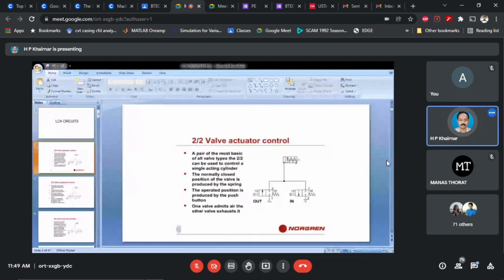So that position occurs when you are releasing the push button. You have pressed the push button, pressure is applied. Now you are releasing the push button. Again, spring is expanded, and whatever remaining air is there, that also gets exhausted through the other valve. So this is the scenario. That is what happens over there.